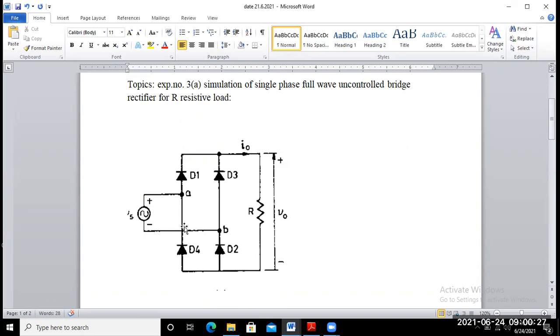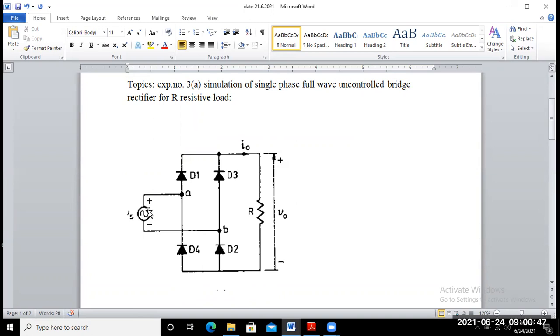So you are already familiar with this notation. This is the sinusoidal supply voltage, represented by this symbol, and it will be represented by Vs.